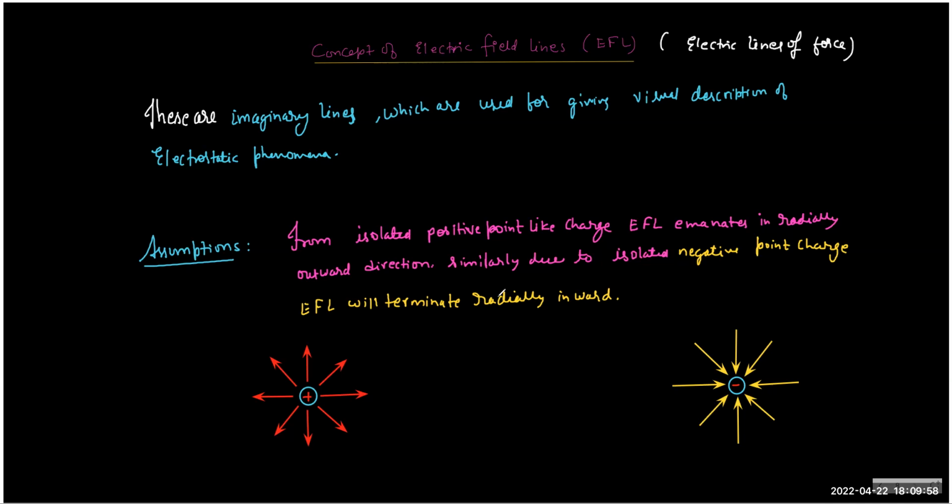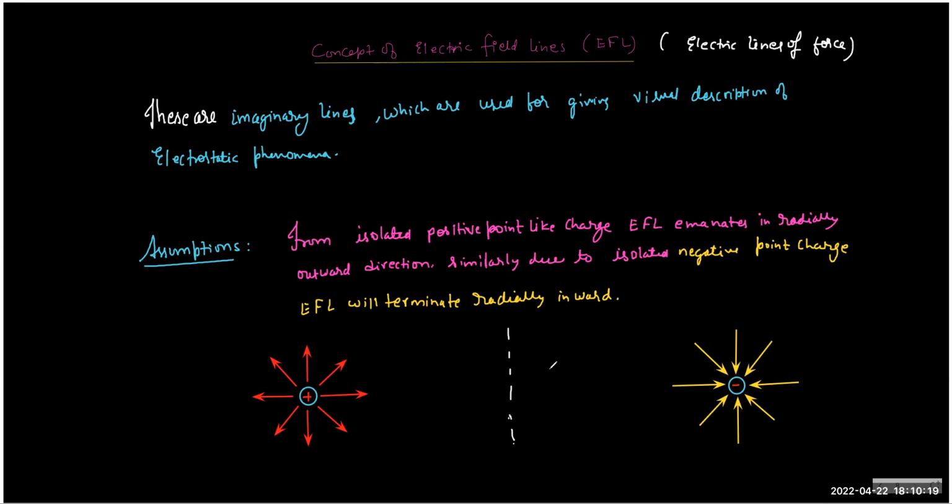If it is isolated, it means we are assuming that there is no charge present in its proximity, or even if it is present, it is not influencing in any particular way. So this is what the lines of force will look like, like spherical emission and termination.